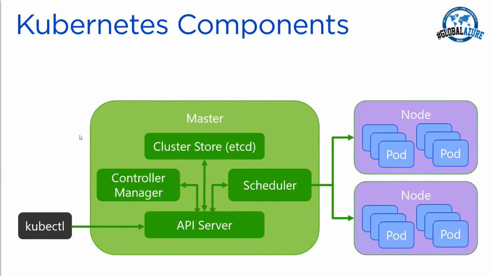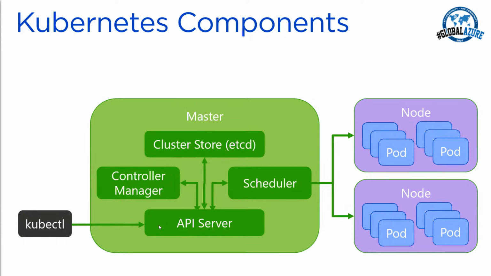Inside the master, we have a database. It's basically a key value store, the cluster store. We have the controller manager, a scheduler, and of course the API server, if you want to deploy something or get some information. We use this API server with our command line tooling or other tools as well.